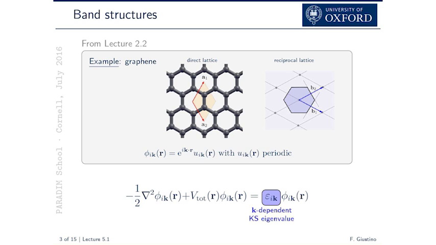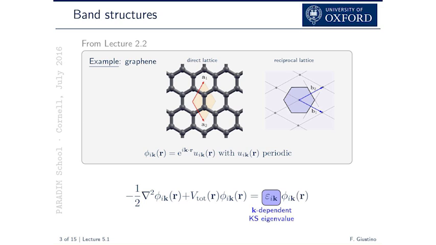Okay, so in most electronic structure codes for solids, one solves the Kohn-Sham equations by essentially specifying the various wave vectors k and solving each equation for a specific k vector. Okay, so that means that the eigenvalues that you obtain as a solution will carry a label. Okay, and the band structures are just obtained by plotting this number as a function of the three-dimensional wave vector k.